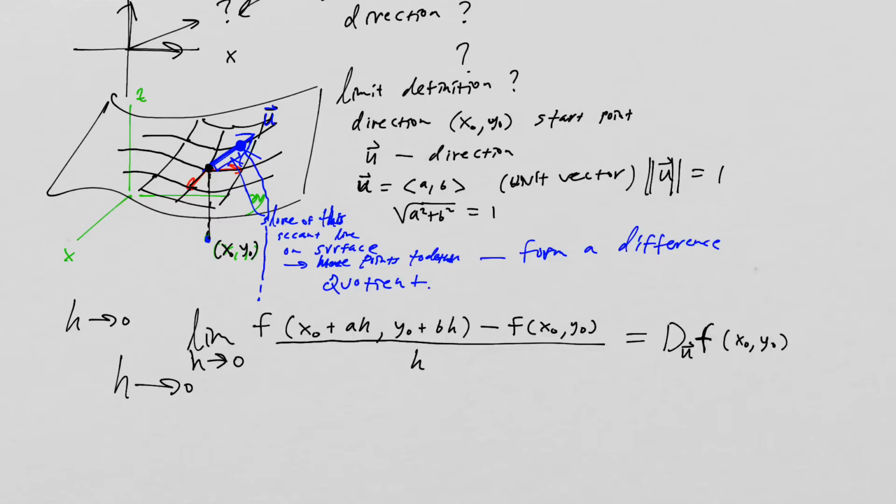So this is our notation for a directional derivative. And one really key thing about this is that the direction must be represented by a unit vector. That's the only thing. But this is going to be our notation, right? So you have f, and you have u, and you have the symbol d to represent derivative.